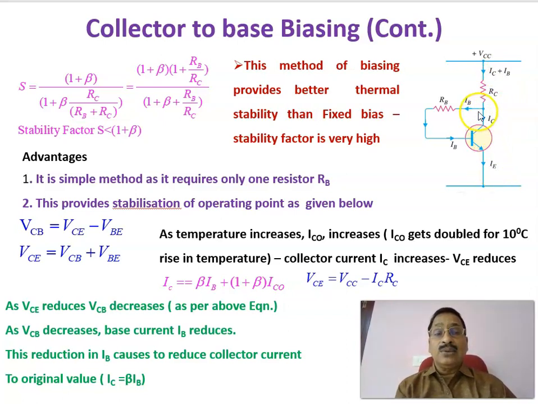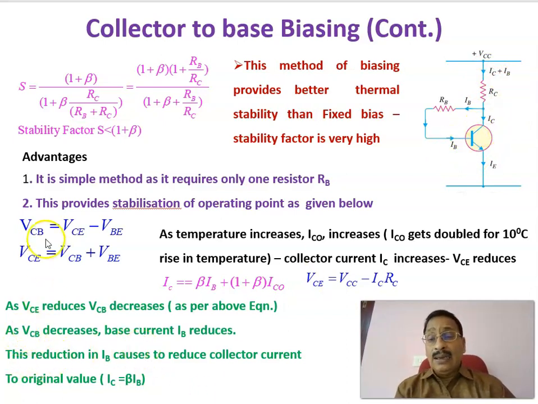As VCE reduces, VCB, the collector to base voltage, reduces. As VCB reduces, IB gets reduced. As IB gets reduced, IC again reduces, because IC equals beta times IB. Like that, the stabilization is done.